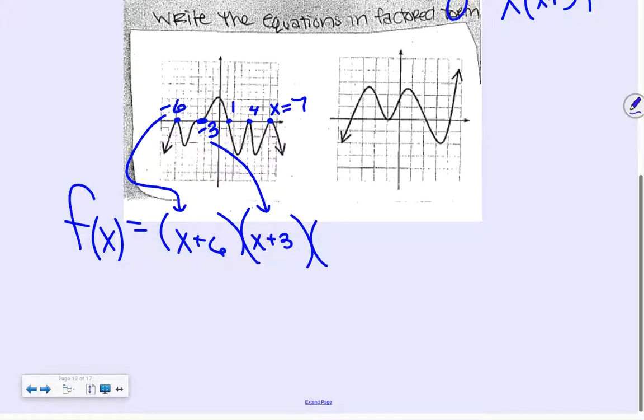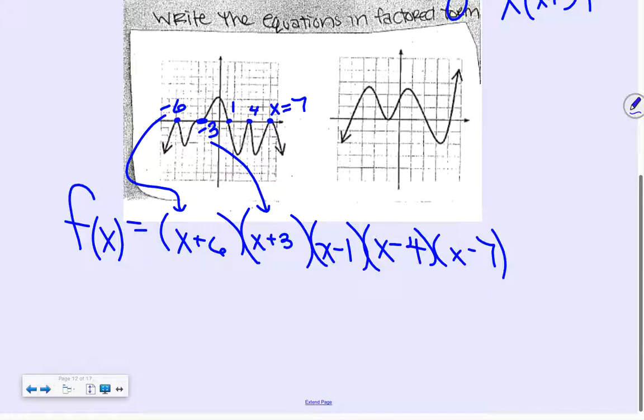Where does 1 and 4 and 7 come from? X minus 1. Yep. X minus 4. X minus 7. Good? I just wrote the polynomial. The only problem is I did not look at the multiplicity. So let's look at multiplicity.